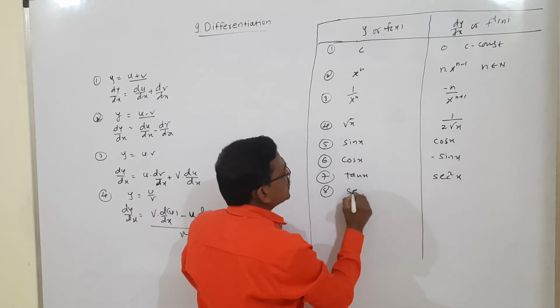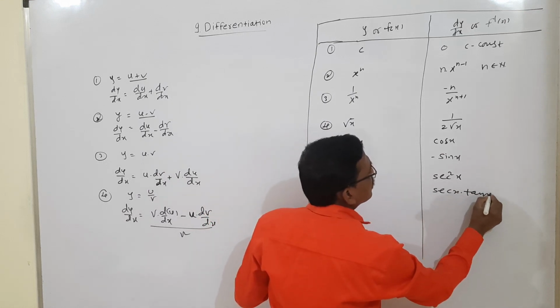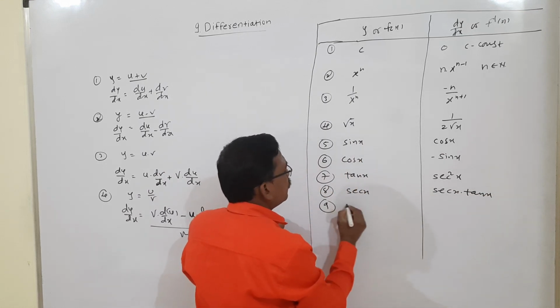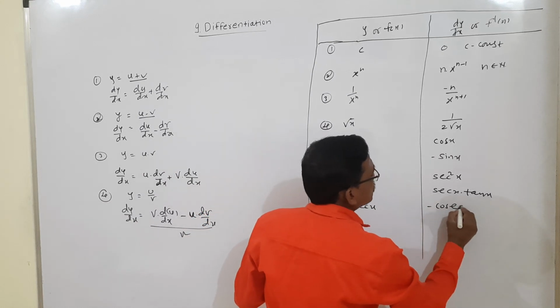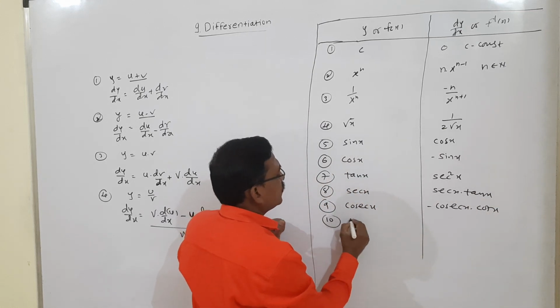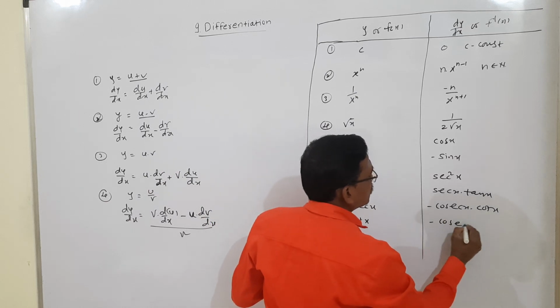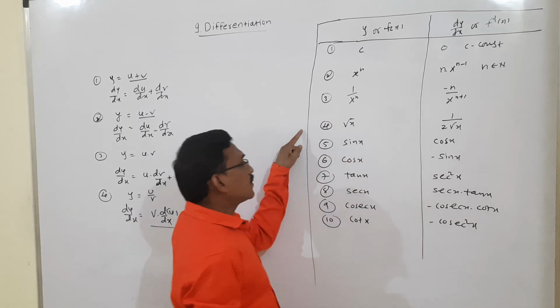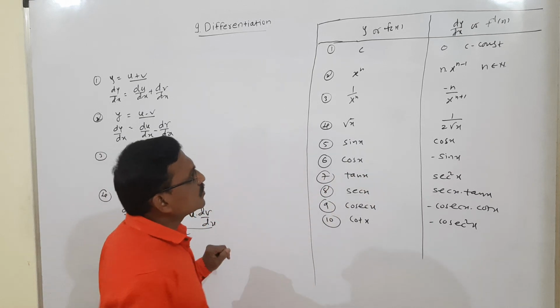The derivative of sec x is sec x into tan x. Then the derivative of cosec x is minus cosec x into cot x. The derivative of cot x is minus cosec square x. So these are the derivatives of trigonometric functions.